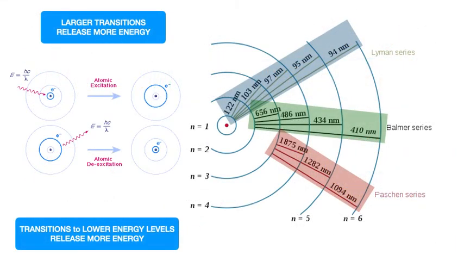As we can see from this model of the hydrogen atom's electronic transitions, the higher energy light is associated with larger transitions. That is, higher energy light with a smaller wavelength is associated with an electron transitioning from increasingly more energy levels.